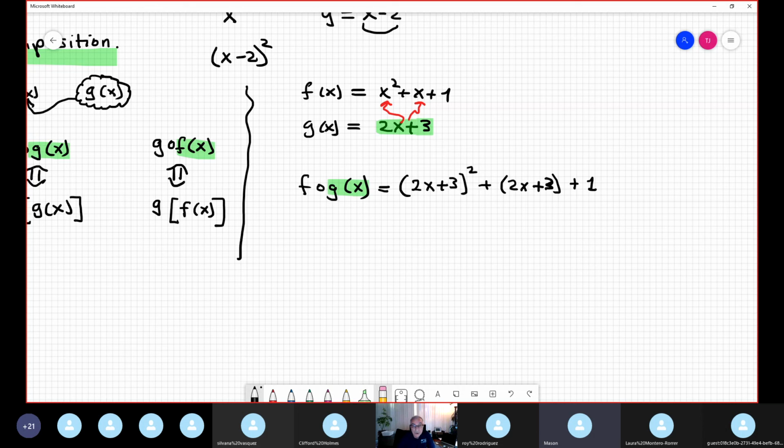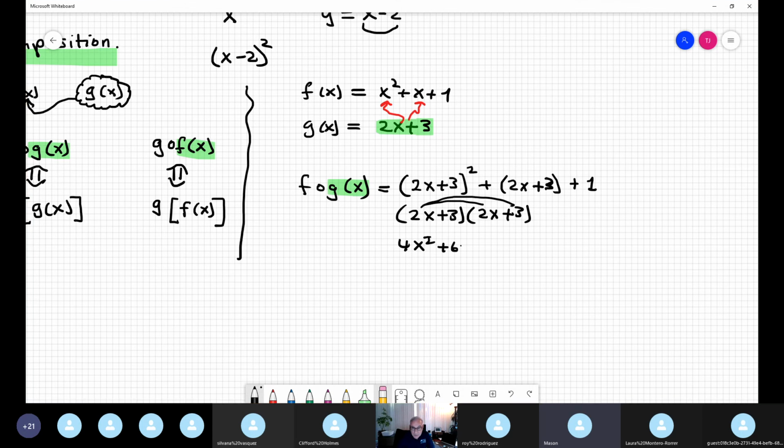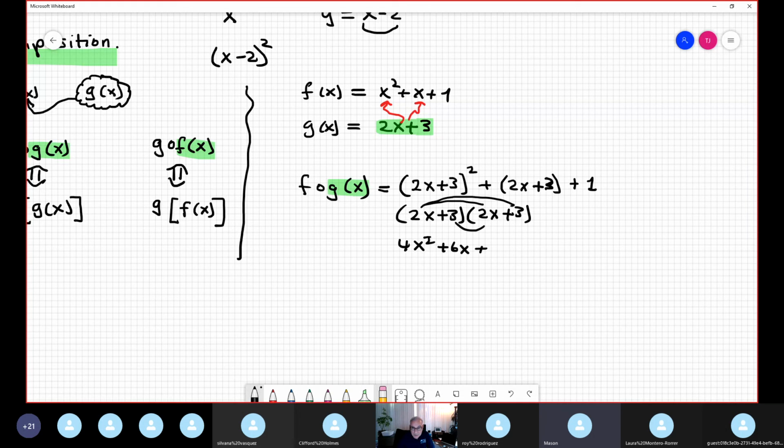Let's do the manipulation. For example, you foil this: 2x plus 3 times itself is 4x squared, this 6x, this 6x, it's repetition because they are two, plus 9.